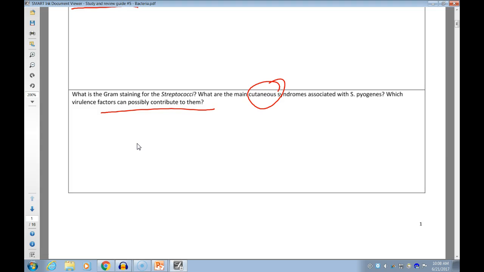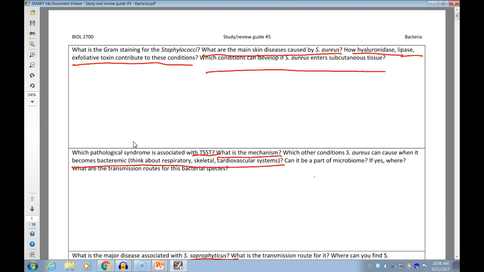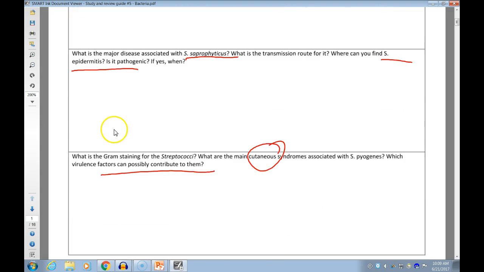Same hyaluronidase, okay, or exfoliative toxin. They all can also be found in the streptococci. Does that make sense? So similar enzymes, but in Streptococcus.